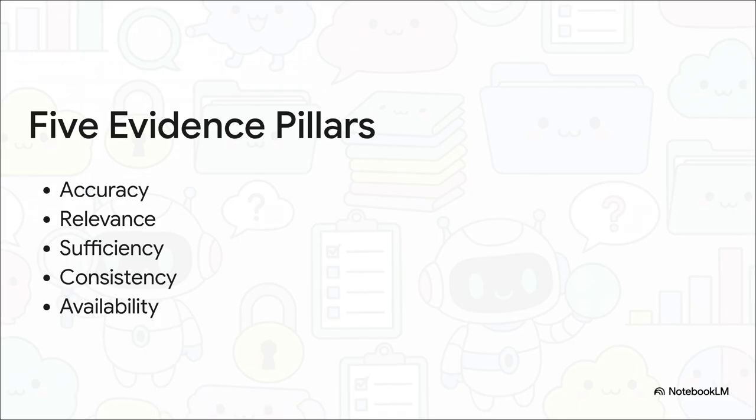If we're auditing financial controls, we only want evidence pertaining to that, right? Not marketing metrics. Third is sufficiency. We need an adequate sample size to form a well-rounded judgment. Fourth is consistency. The data absolutely must align across different departments and systems. And fifth, availability. The auditor needs to actually access this evidence within the audit timeframe. Put simply, if you can't find the logs, they don't count.